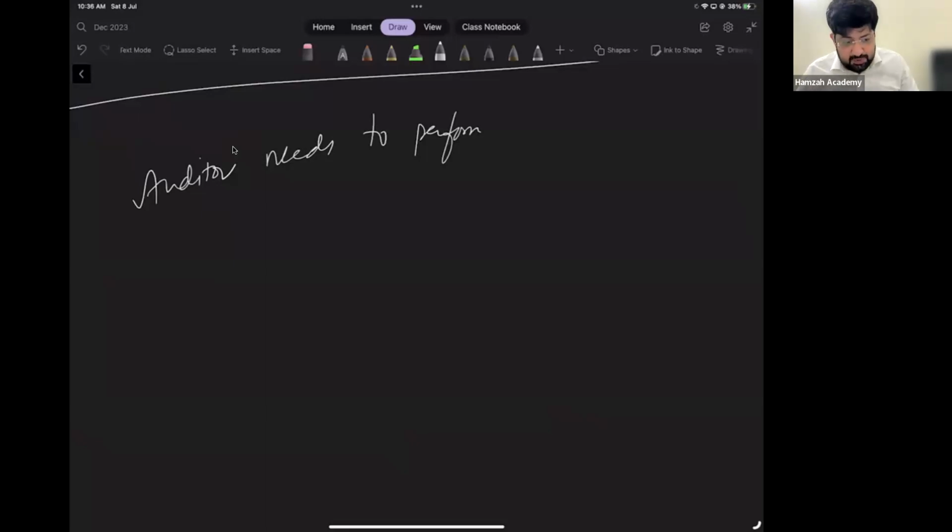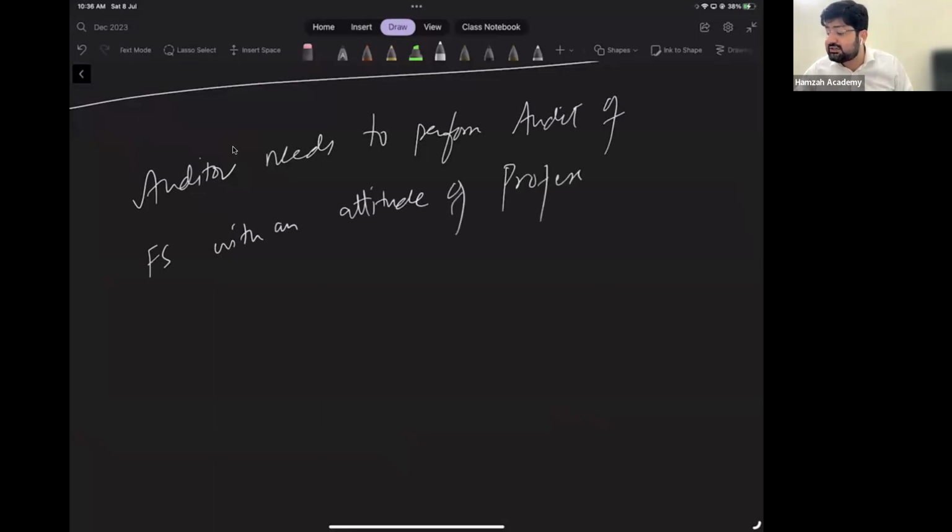So the auditor needs to perform the audit of financial statements with an attitude of professional skepticism.